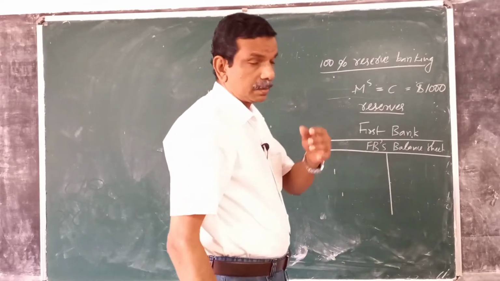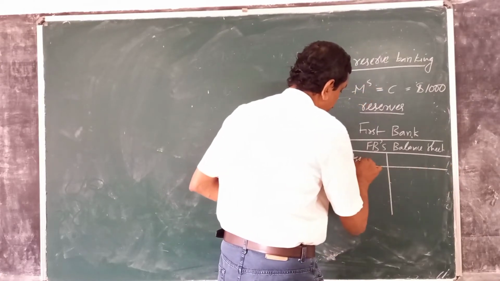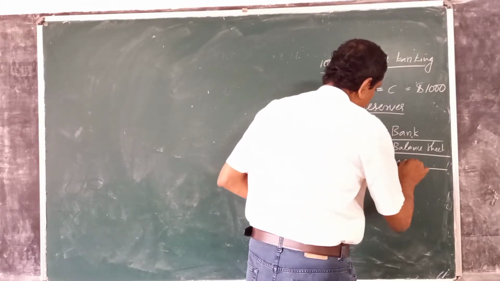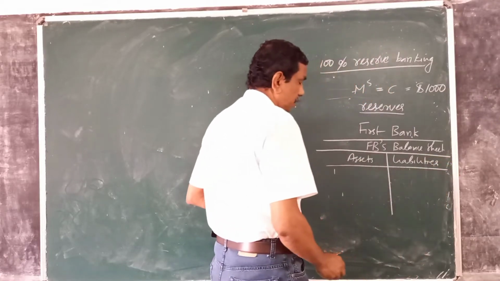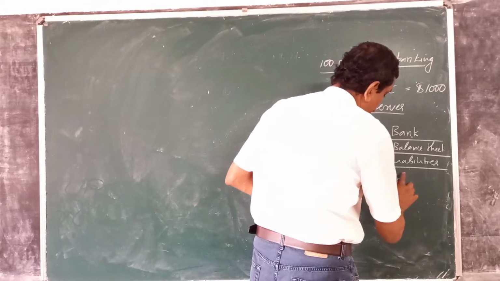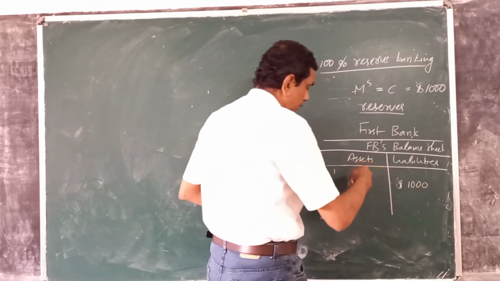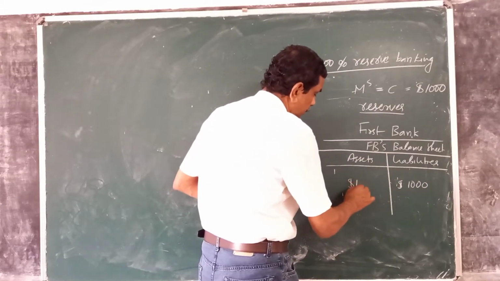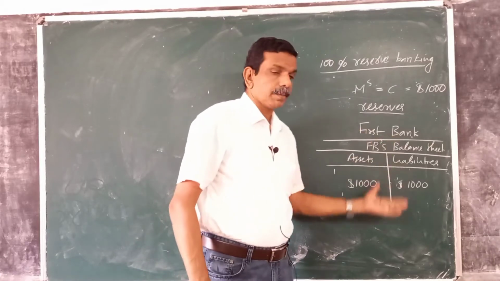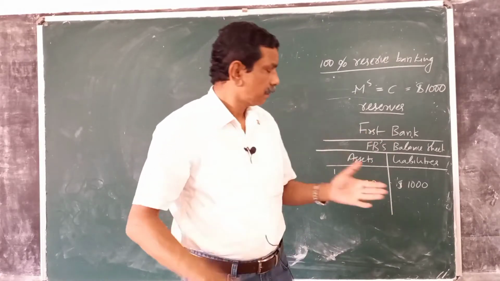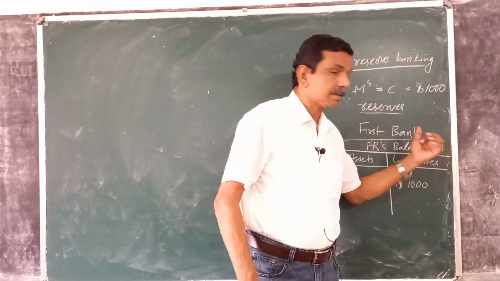In the balance sheet, assets are written on one side, liabilities are written on the other side. Bank deposits is a liability, so $1,000. The same $1,000 is an asset, so 1,000. So this will be the appearance of the first bank's balance sheet.